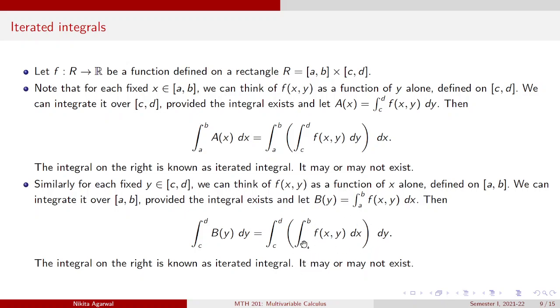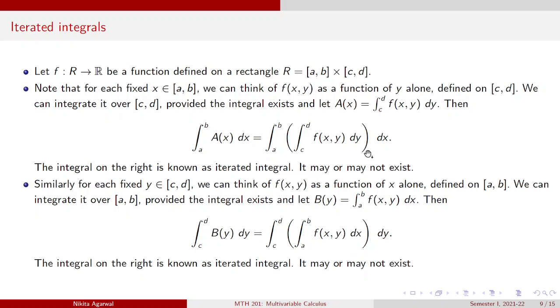So now how do you compute this? You first compute the inside integral, which is over x, and then you get a function of y, and then you integrate it over y. This is another iterated integral. So in the case of functions of two variables, there are only two kinds of iterated integrals, which are both given here.